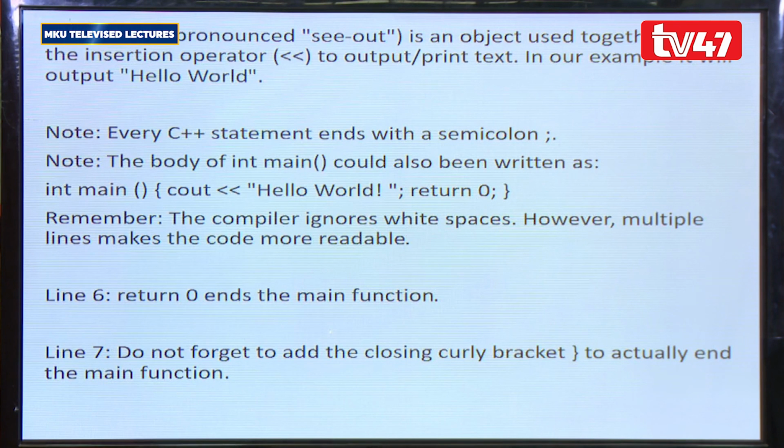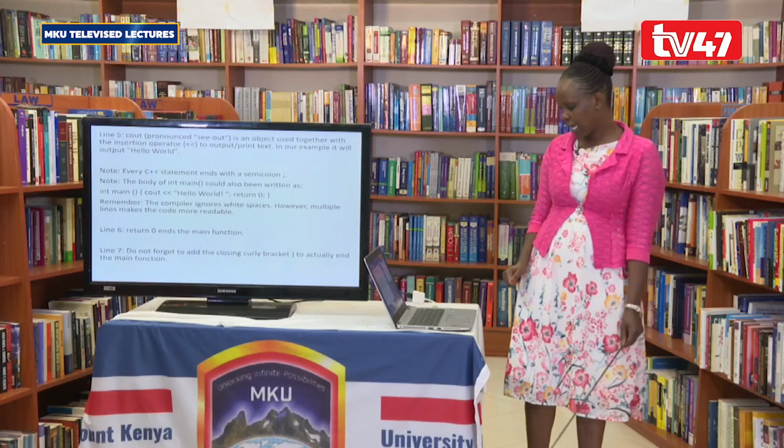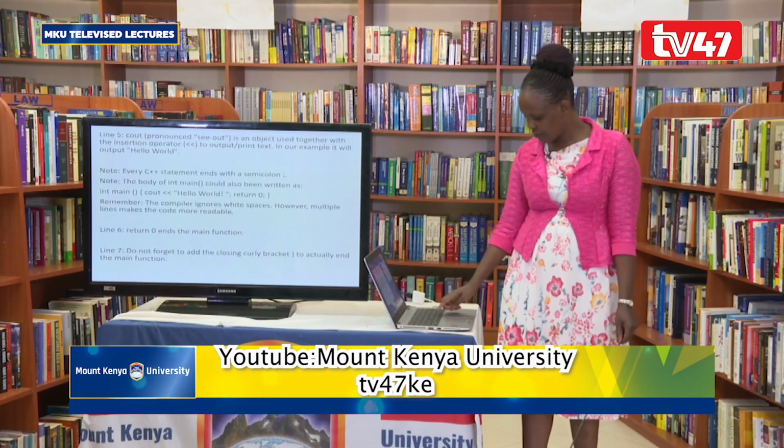And of course, line 6 of our code, the return 0, will end the main function. And line 7, do not forget to add the closing curly bracket to end the main function. So that is just an overview of a simple C++ program.